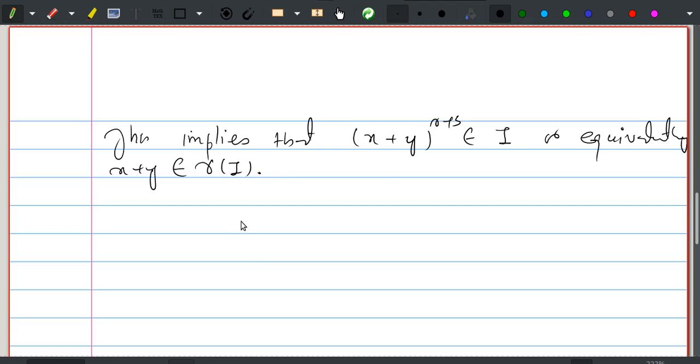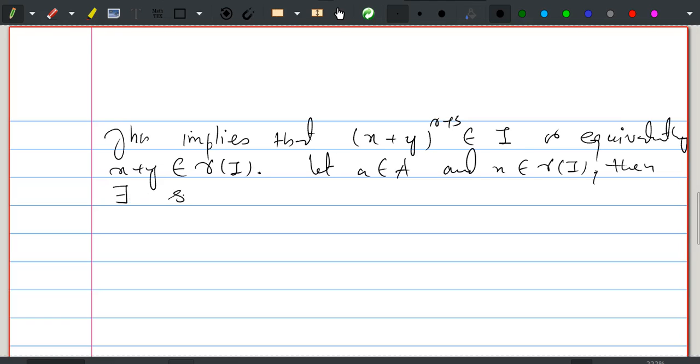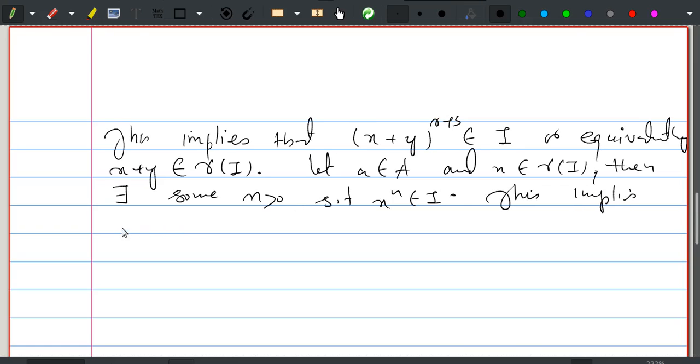Now let us prove it is closed under multiplication as well. So let a belong to A and x belong to the radical of I. Then there exists some positive n such that x to the power n is in I. So this implies, if I look at this element a to the power n, x to the power n, which is the same as (ax) to the power n.